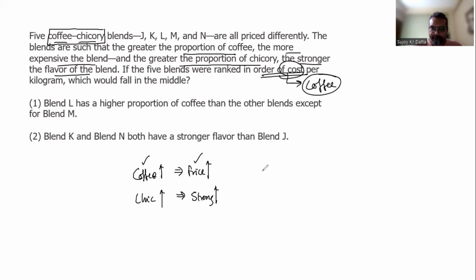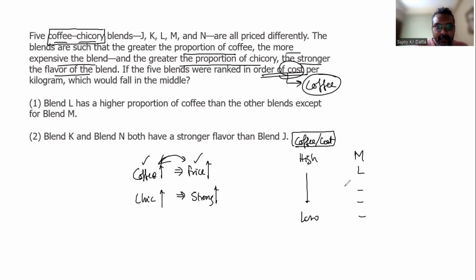You have to observe. Now, the first statement says blend L has higher coffee than all the other blends except M. That means if you were to rank from high to low in terms of coffee content, or hence in terms of cost, because they are actually the same thing, then L would be higher than everyone else except M. Means M is on top, L is below, and you have 3 more brands after that.